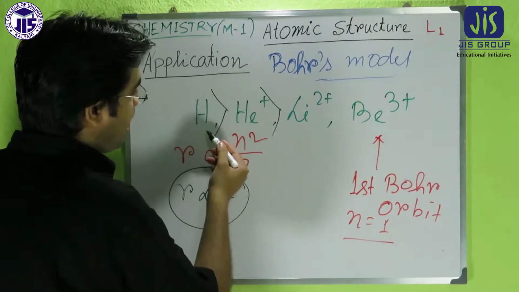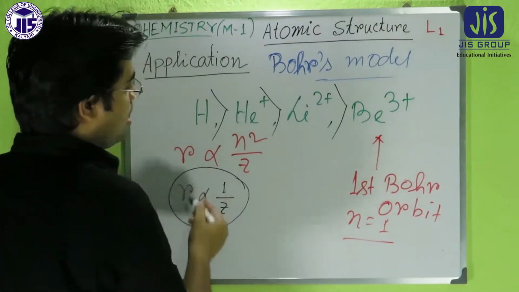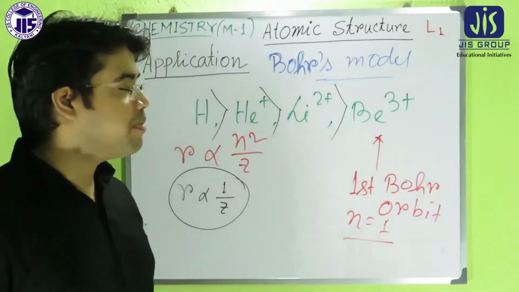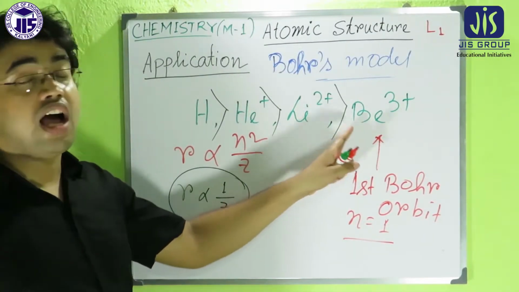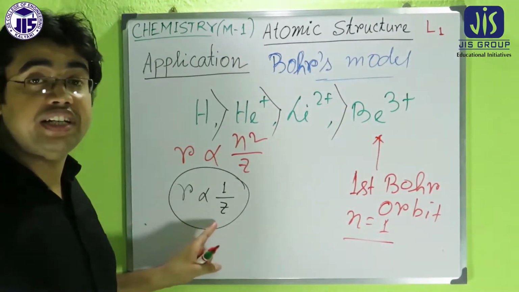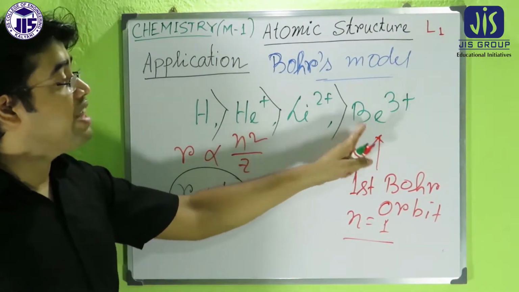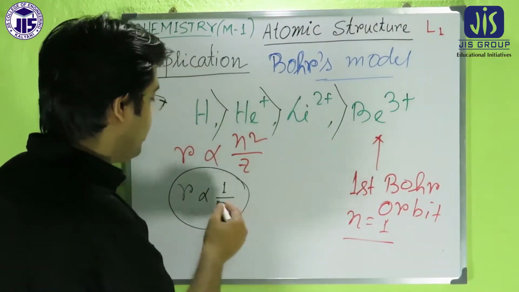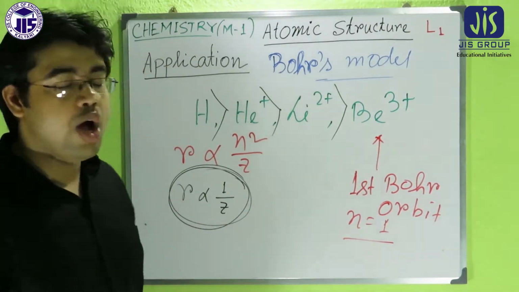The radius will be higher for hydrogen, then helium plus, then lithium 2 plus, then beryllium 3 plus. As beryllium 3 plus has the highest Z value, that is the atomic number, obviously beryllium 3 plus will have the lowest radius, as it is inversely proportional.